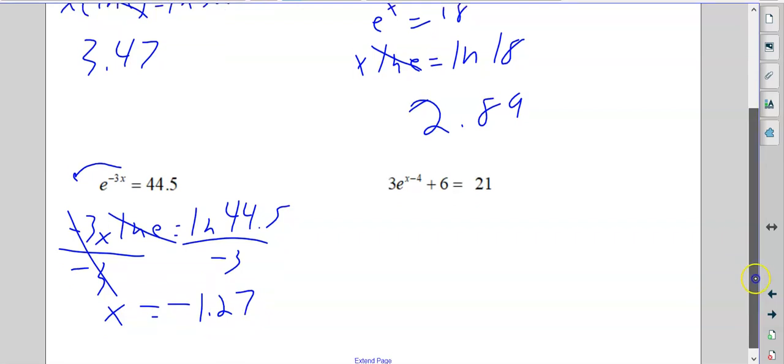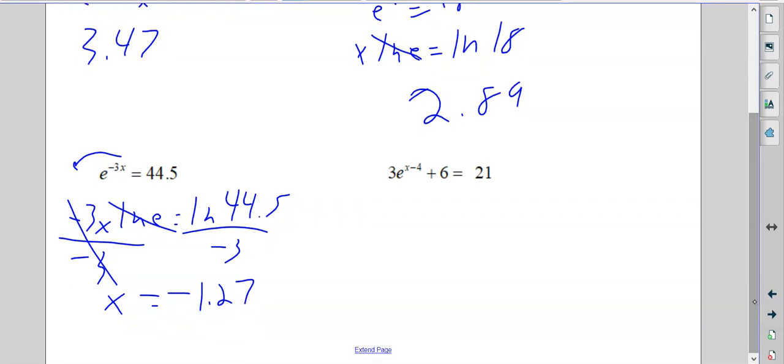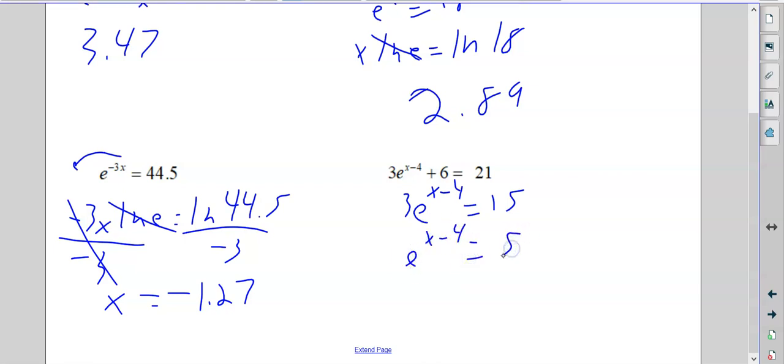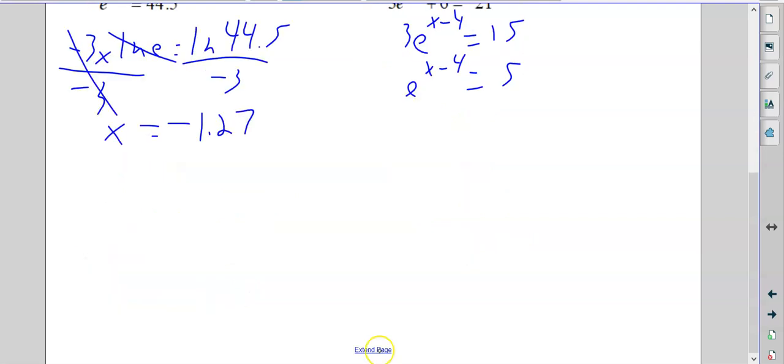All right, last one on this page, just a few extra steps. So we're going to subtract 6 first. I don't know why I just wrote 3x, habit. 3e to the x minus 4 equals 21 minus 6, 15, not plus 6, minus 6. Divide by 3. 15 divided by 3 is 5. And now we're going to move the x minus 4 out in front. Put in parentheses. ln e, goodbye, equals ln of 5.